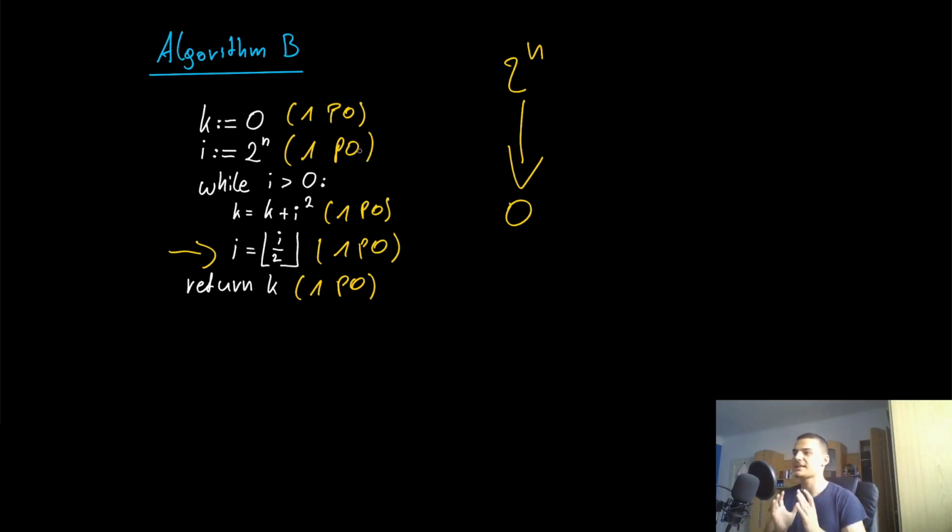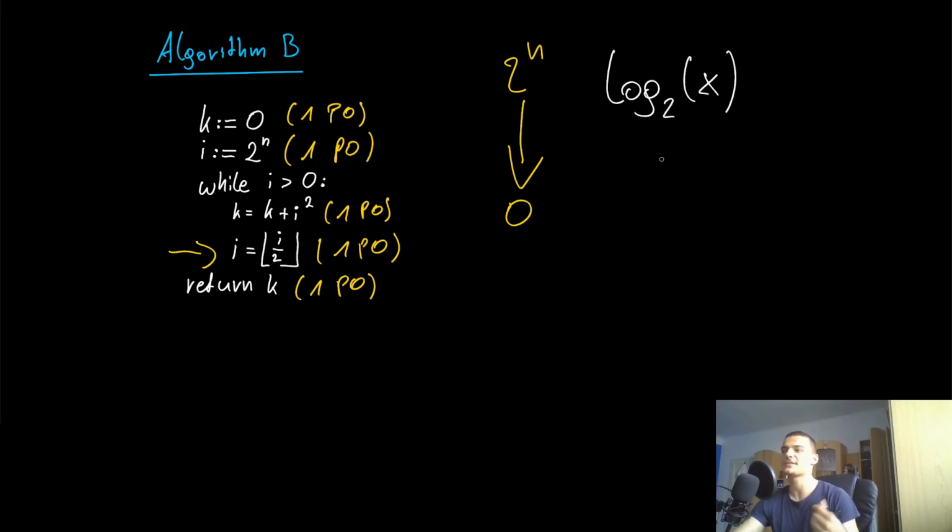So the question is, how many times do we need to divide by 2 to the power of n in order to get to 0 or less? And this is actually not that difficult to figure out if you understand what a logarithm is. And the logarithm essentially is exactly the question that we're looking at. So let's look at the logarithm base 2 of a number x.